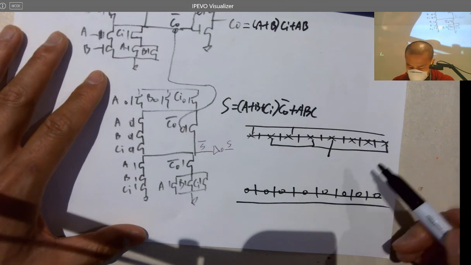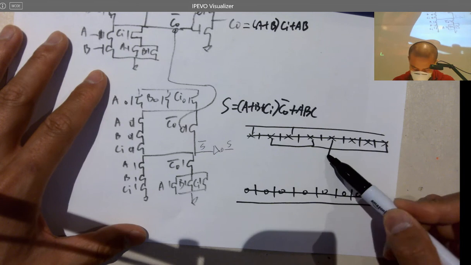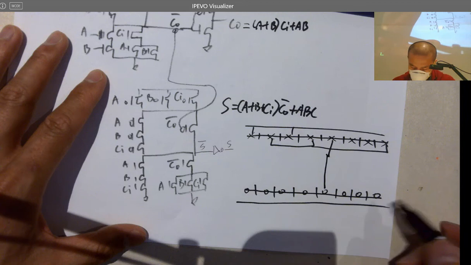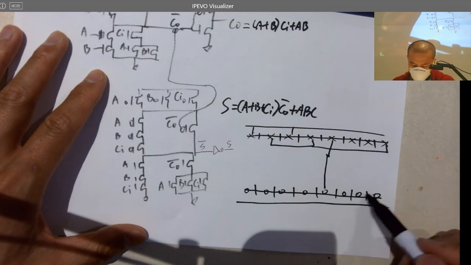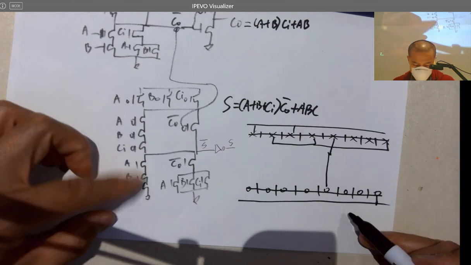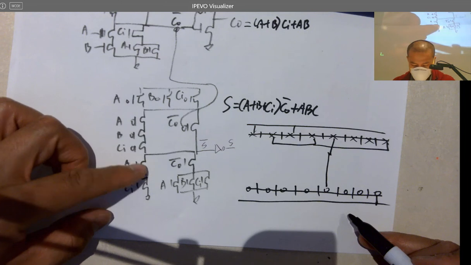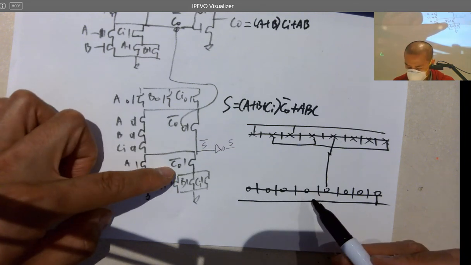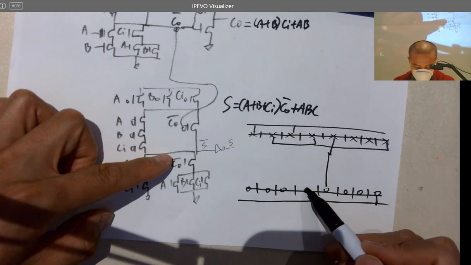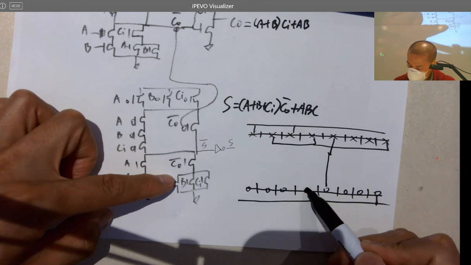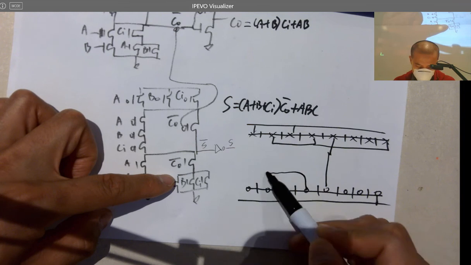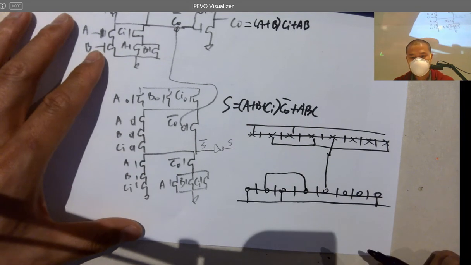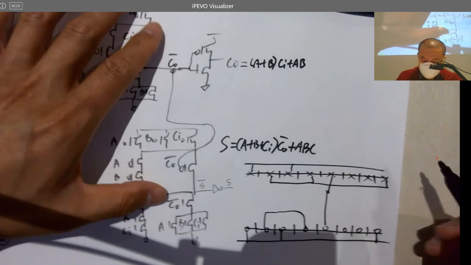So what I did is do it here first, and then to the ground. These are these 3 transistors, and then I got 1 and 3 in parallel in series. So go through this one first, and then 3 in parallel, which will be this. Okay, so that's for S.